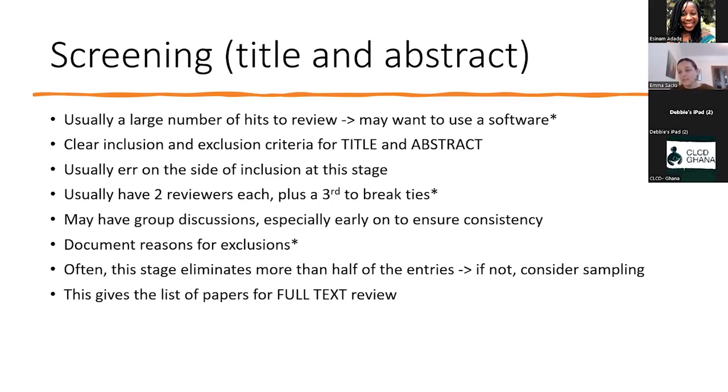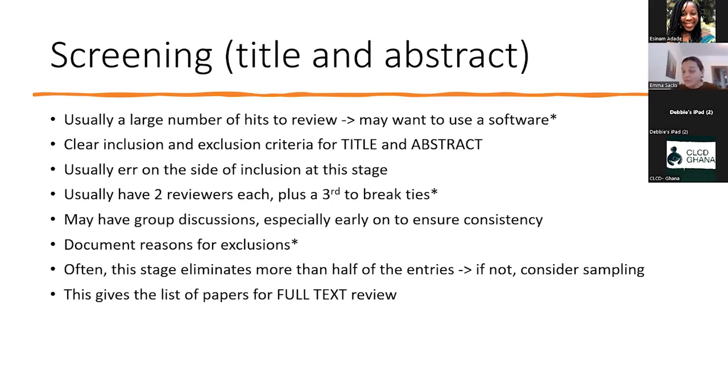So we did a sampling process where we did, I think, 100, and then we hadn't hit, quote unquote, saturation. So we did another 100 and we were able to stop there. So if you end up doing that, there are some techniques for that. But just be aware that it is possible, even though it's not common.